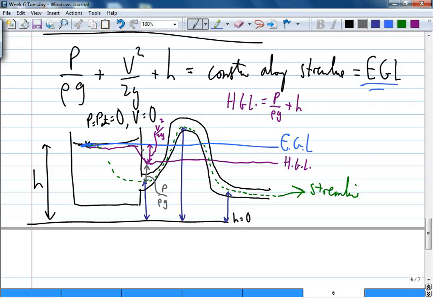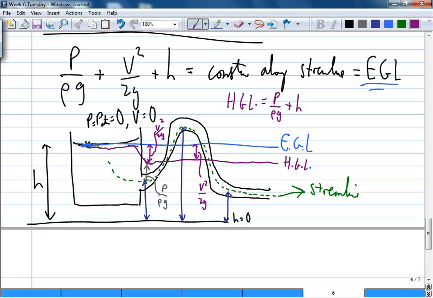Are you okay with this point first? Alright, at this point, the pipe goes above the level. So this is our H, and this is our V squared over 2G. Normally I draw V squared over 2G in purple.